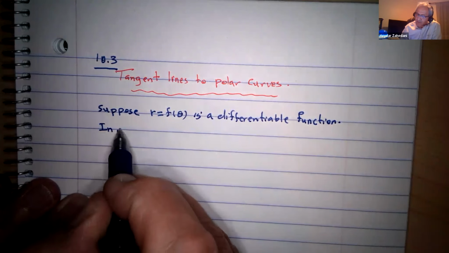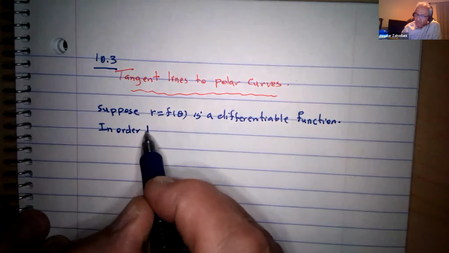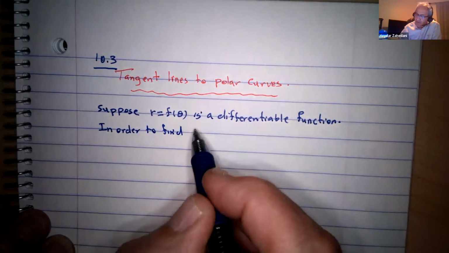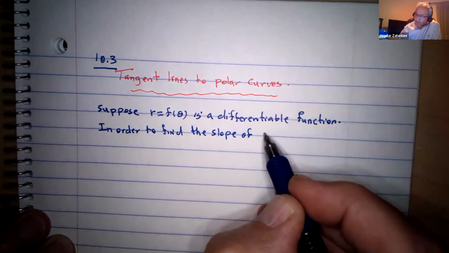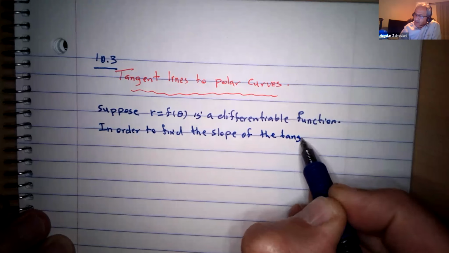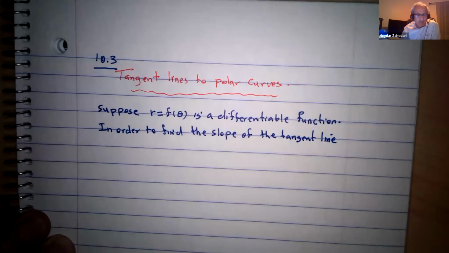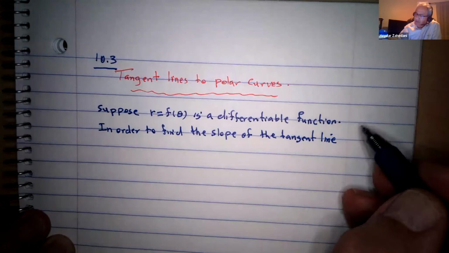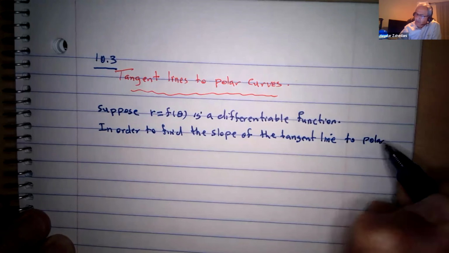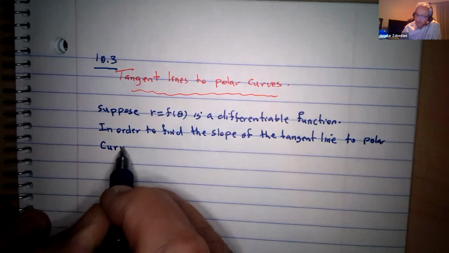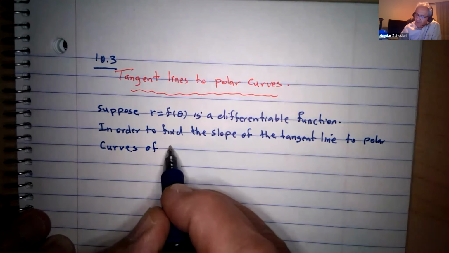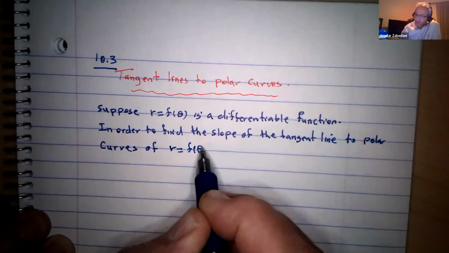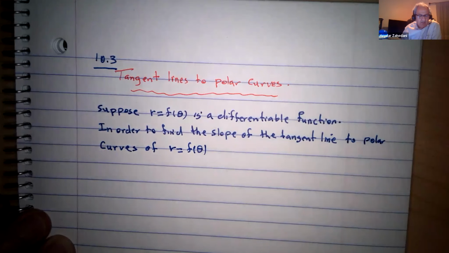Now, in order to find the slope of a tangent line to the graph of this function, the polar curve r equal to f of theta, you know that the slope of a tangent line is basically going to be dy/dx when y is a function of x.